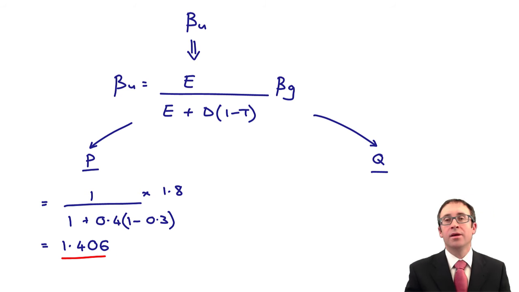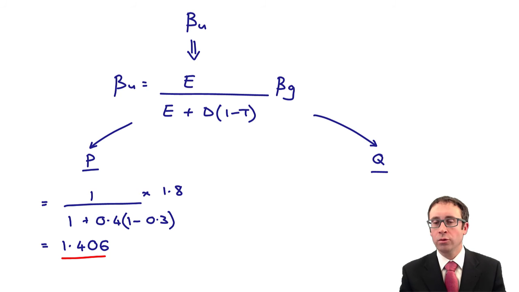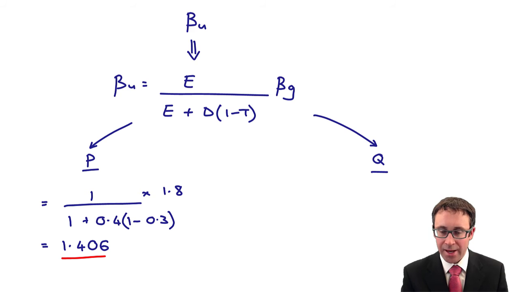Again, we are assuming that the debt is risk-free, so beta d equals 0, hence we're using the abbreviated version of the formula.